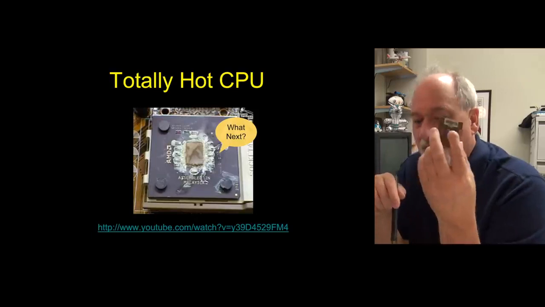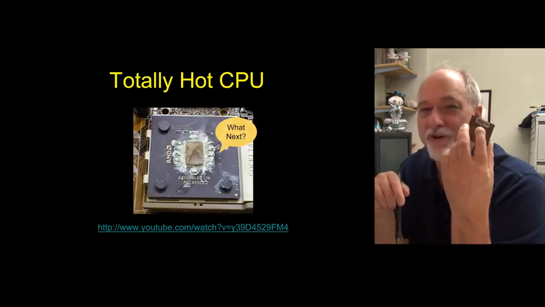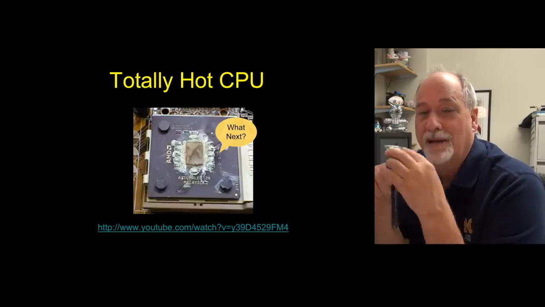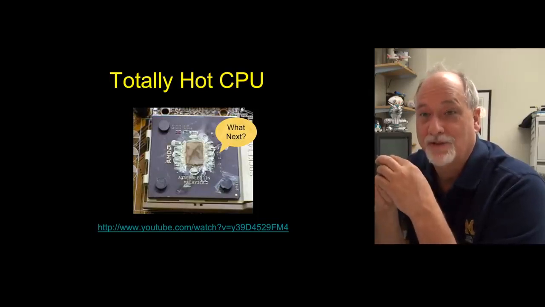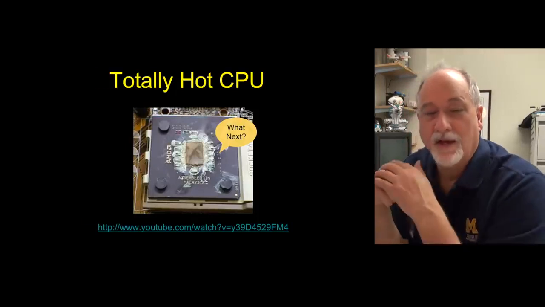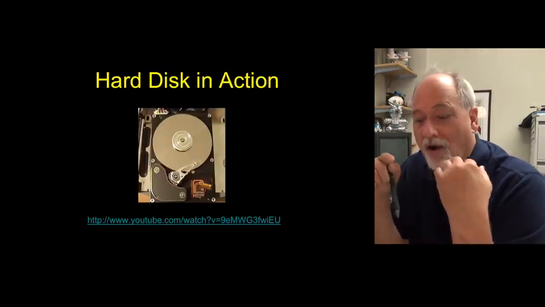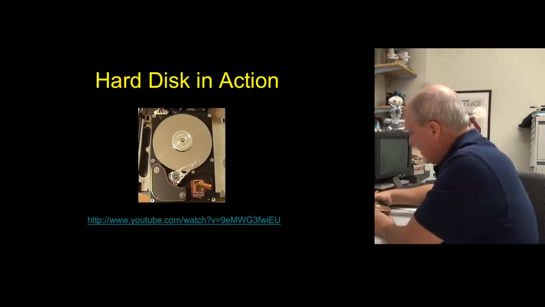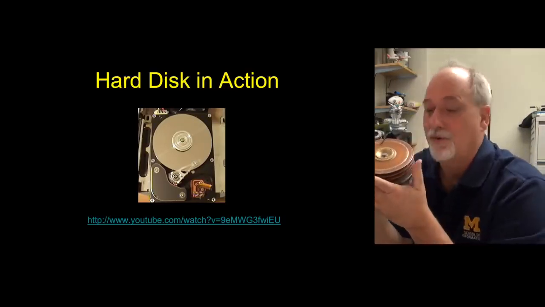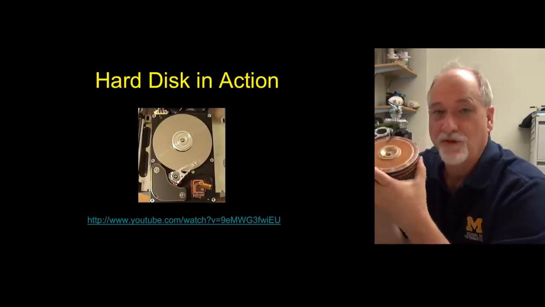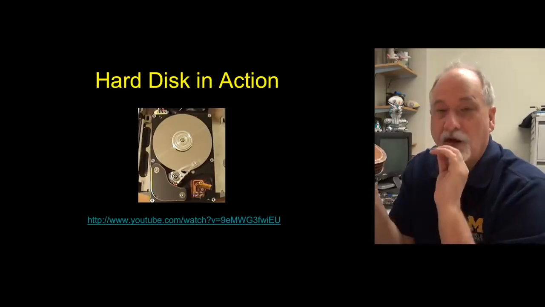So this is a small old video from a long time ago that shows what happens when you take out the cooling capability of microprocessors and just how hot they can be. And the other video that I have is a hard disk, something like this hard disk that I have, except that it works and they turn the power on. Some of them last for a few seconds, some of them last for a few minutes.